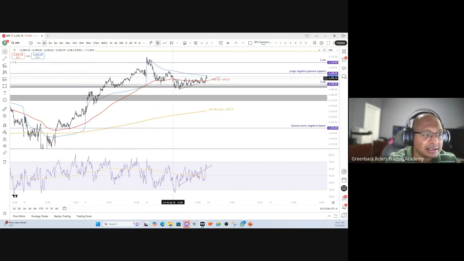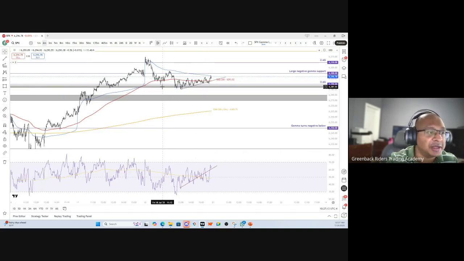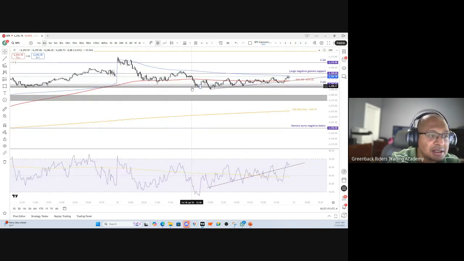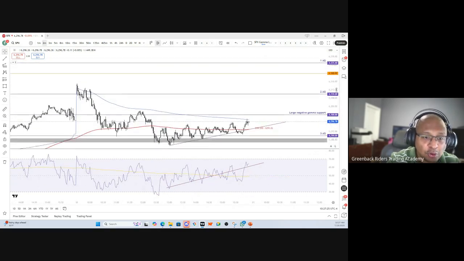See this holding the 200 EMA. There has been no strong push beyond the 200 EMA. All these pushes that you see here got taken out immediately right after. But is it guaranteed that it will go up? No. Why?